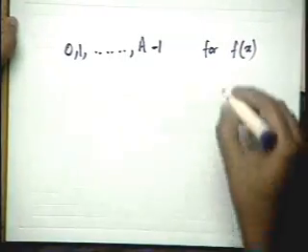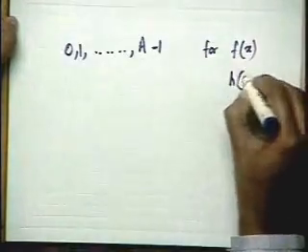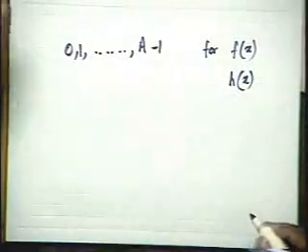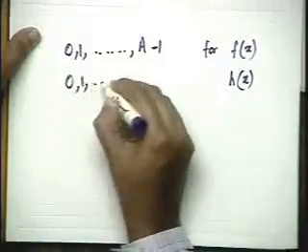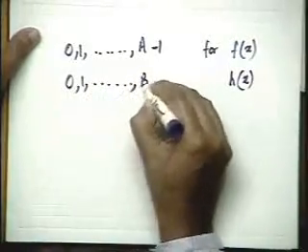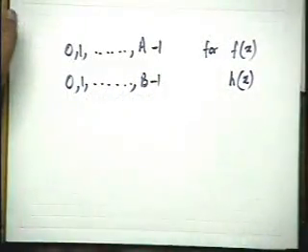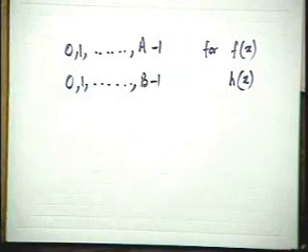And for h of x we are once again taking samples. The number of samples for h of x need not be the same as the number of samples we take for f of x, isn't it? They are going to be different. So let us say that we take capital B number of samples for h of x, so that for h of x, x is defined in the range of 0, 1 up to capital B minus 1.